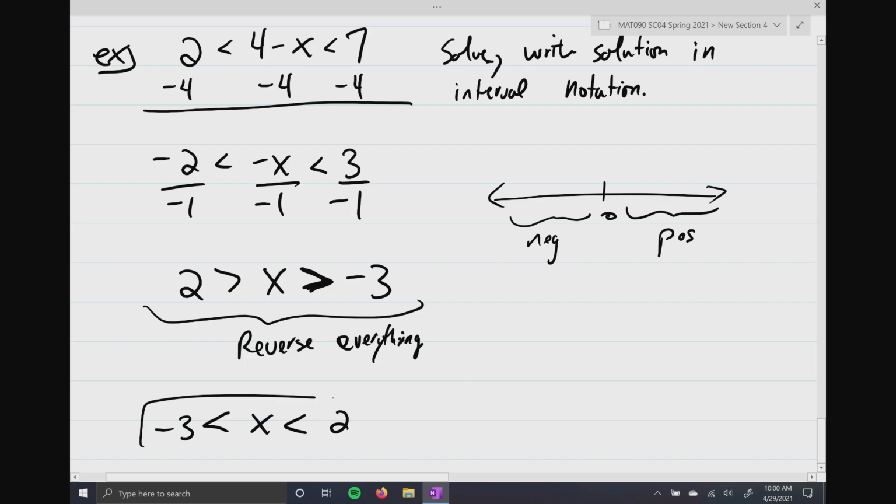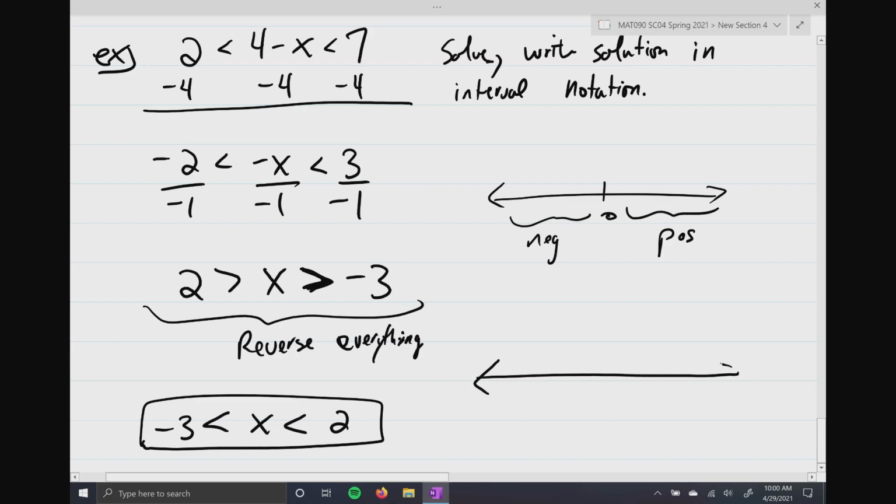And now I have it in its proper form. Okay? Are there any questions there? So when you divide by a negative number, you've got to make sure that you reverse the inequality symbols, and then when you write your answer, you just flip it around.